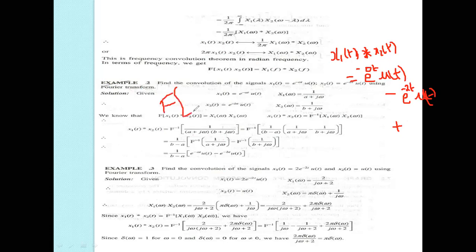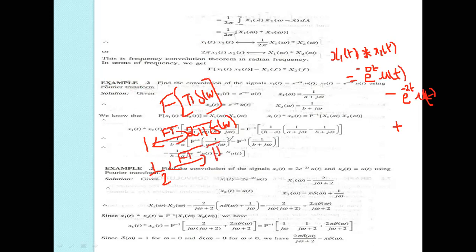Inverse Fourier transformation of pi delta omega. So one Fourier transformation is 2 pi delta omega, and 1 by 2 the Fourier transformation is pi into delta omega. What is pi delta omega? Inverse Fourier transformation is 1 by 2.